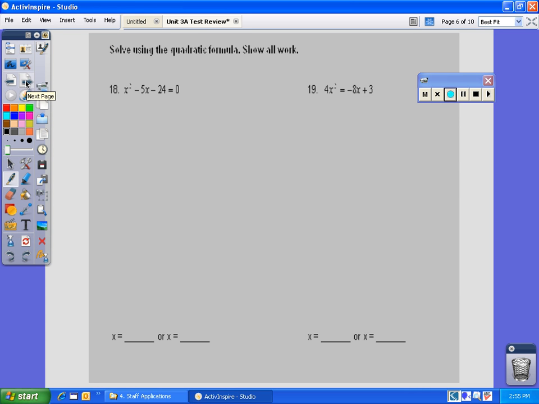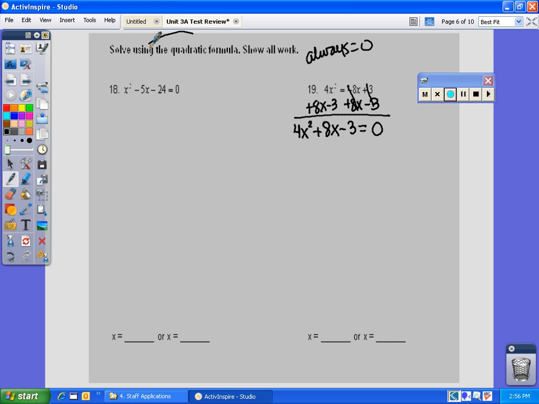Alright, the next one, it's supposed to equal 0. And this one doesn't. So I'm going to add 8x and minus 3 to move it to the other side. So I'm left with 4x squared, now plus 8x, and now minus 3.